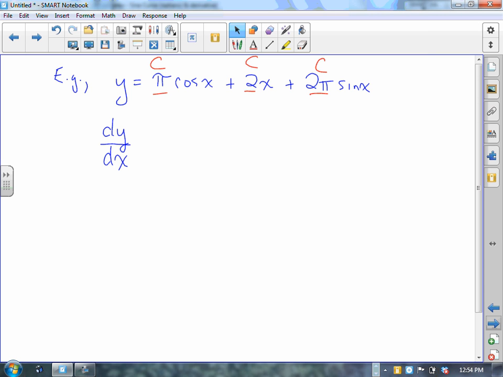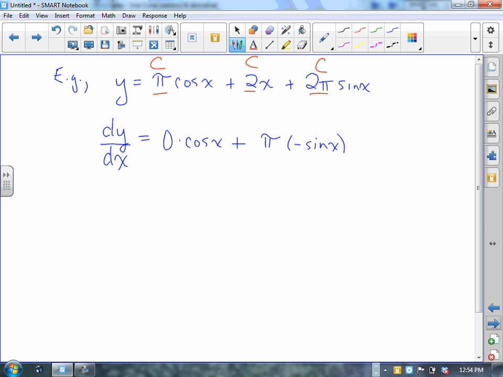So when we find our derivatives, understandably, if pi is a constant and you were to apply the product rule, and we'll do it once so we won't have to do it again, the derivative of pi would be 0 times the cosine of x, plus the first term, pi, times the derivative of cos x, which is minus sine x. So that all relates to the first term.